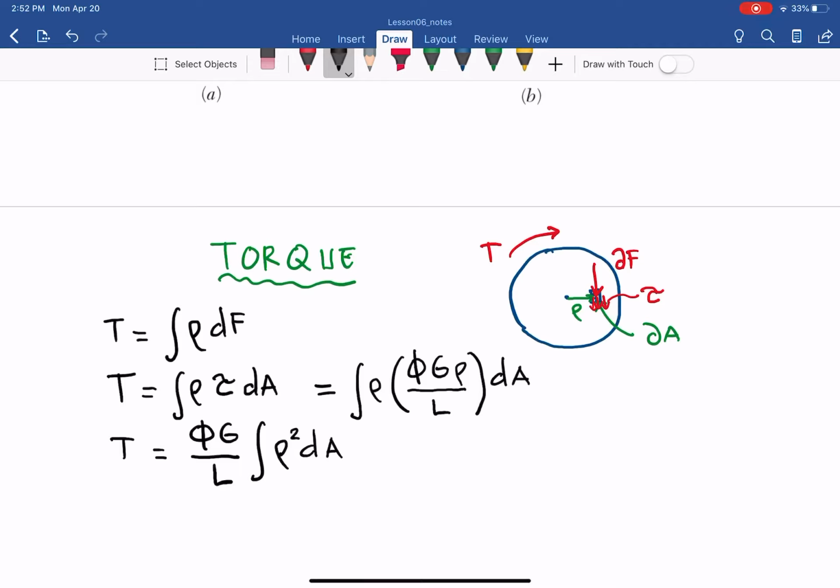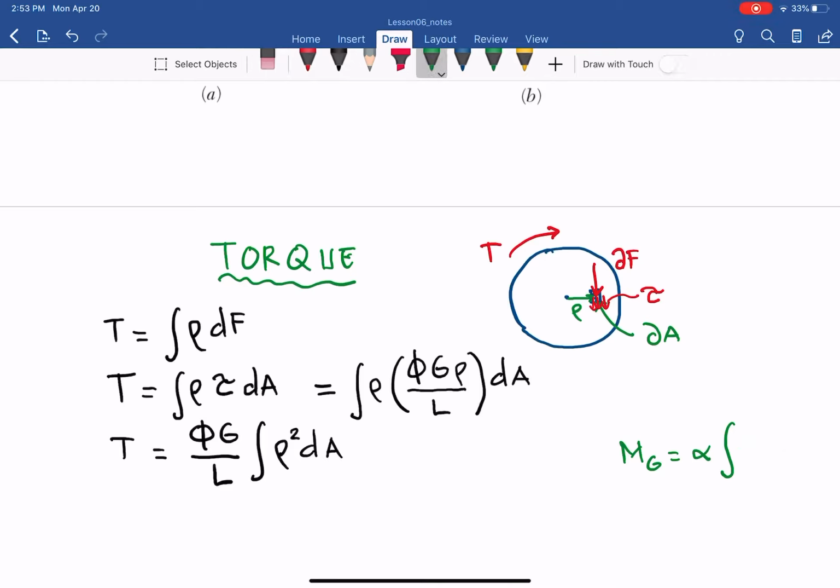If you recall in intro to kinetics in engineering mechanics, when we found the rotational equation, at the end we had, I just write it down here but I will erase it, moment about G, the center of mass, equal to angular acceleration times the integral of r squared dm.